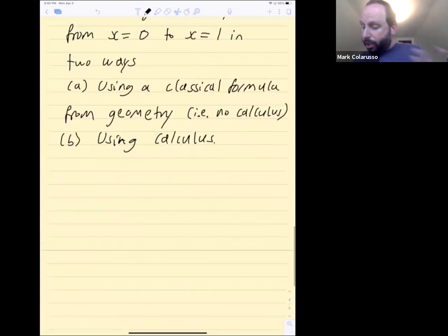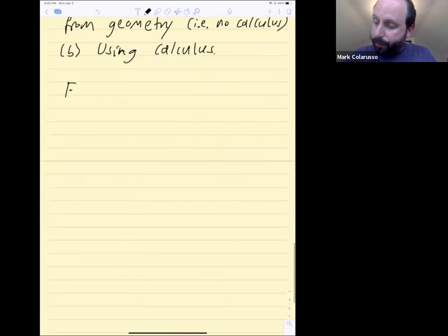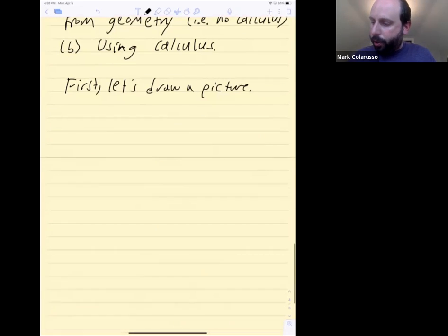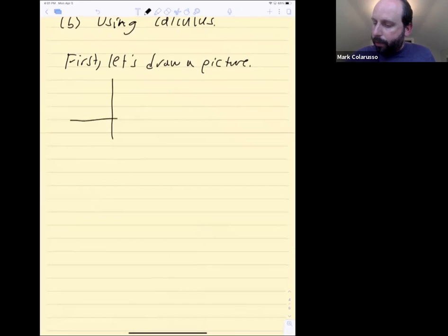Okay, so let's just draw a picture first. Usually in these questions the picture is provided for you. This is very, very simple, so hopefully you can construct the picture on your own, but in many cases they give you the picture anyway.